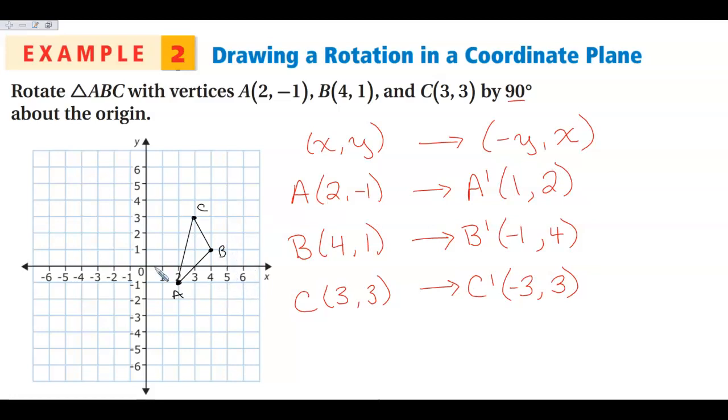I'm going to graph 1, 2, and this is A prime. I'm going to graph -1, 4, and this is now B prime. And I'm going to graph -3, 3, which is now C prime.